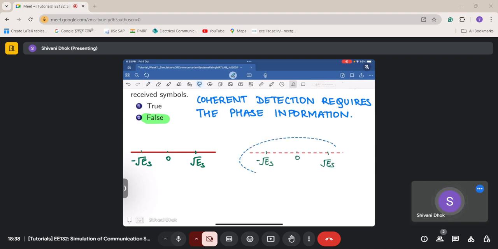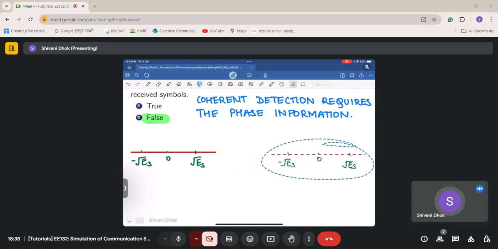This is transmitted over a channel, and the channel introduces propagation delay. So this will get multiplied by g into e power j theta. What does it mean? This theta is an angle. e power j theta implies that there is some sort of rotation.